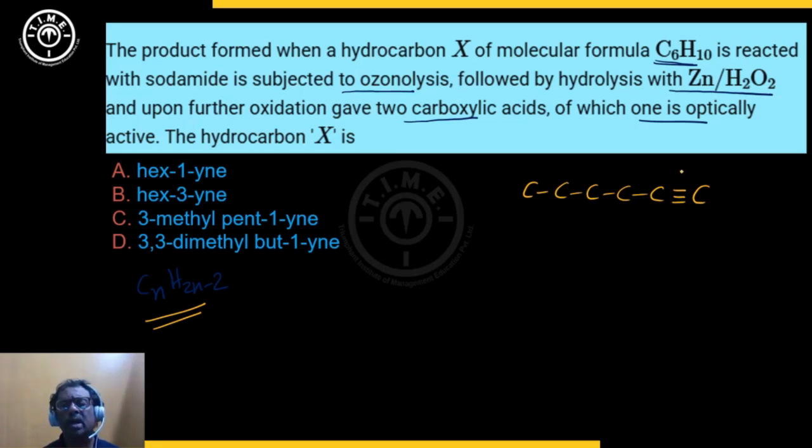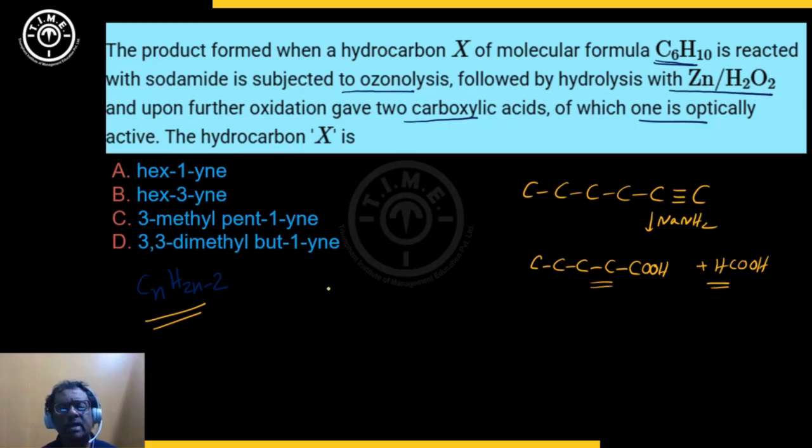So this part will break. So with sodamide, what are we going to get? We'll get only the salt there, right? So with ozonolysis, what are we going to get? Oxidative. C, C, C, C and a C. That will become COOH. And that will become HCOOH. Both are carboxylic acids, but none is optically active. So this is not the one.